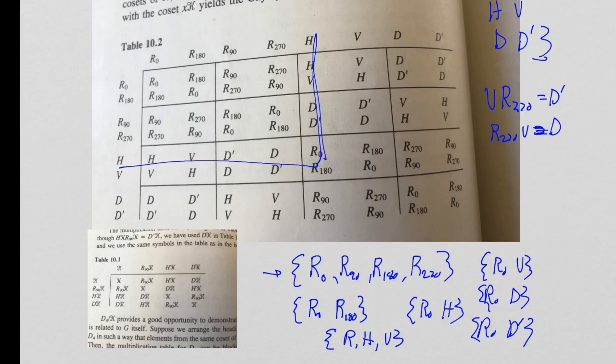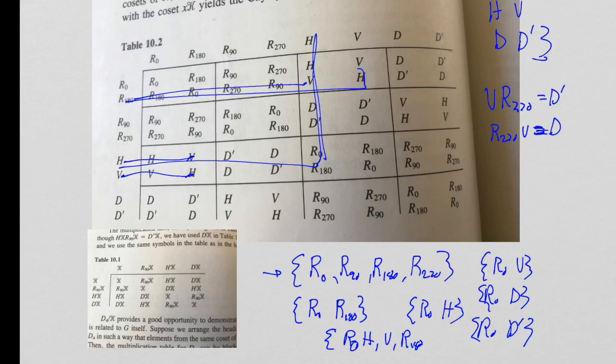But if I added 180 into it, well, what happens then? If I add R180, well, now I have R180 times V is H, R180 times H is V, H times R180 is V, V times R180 is H, and R180 times R180 is the zero element, which is in the group.